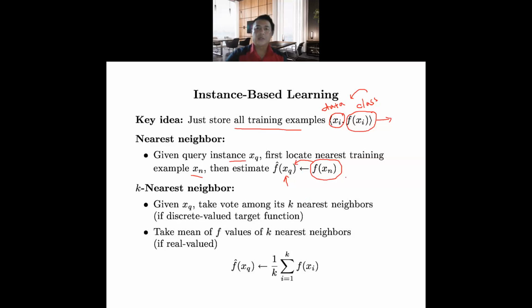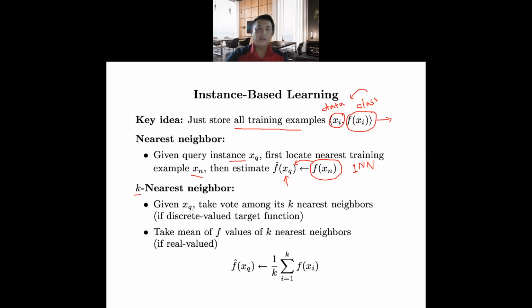So in this example, we are performing 1-NN because we only look at one nearest neighbor. But if we have more than one nearest neighbor, we call it k. So k could be 2, 3, 4, and so on.